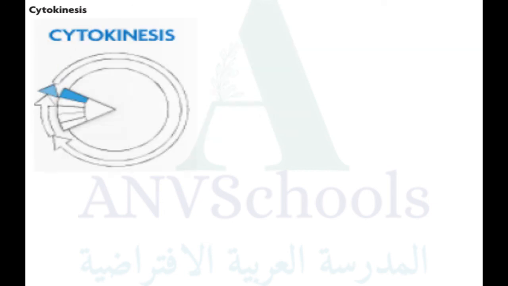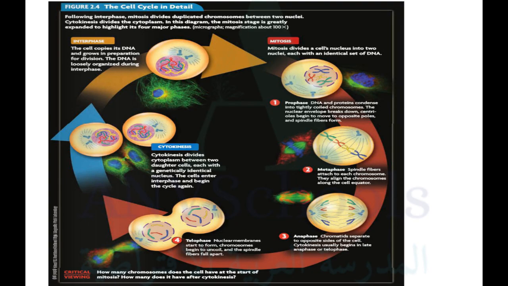The last part of cell division is cytokinesis, which normally occurs after mitosis. So we will look at what really happens during this cycle. Figure 2.4, the cell cycle in detail.